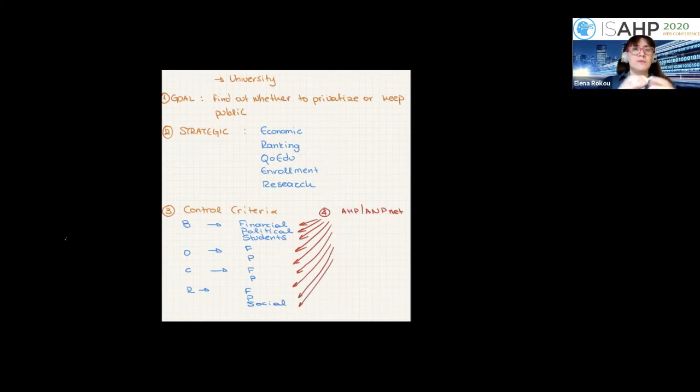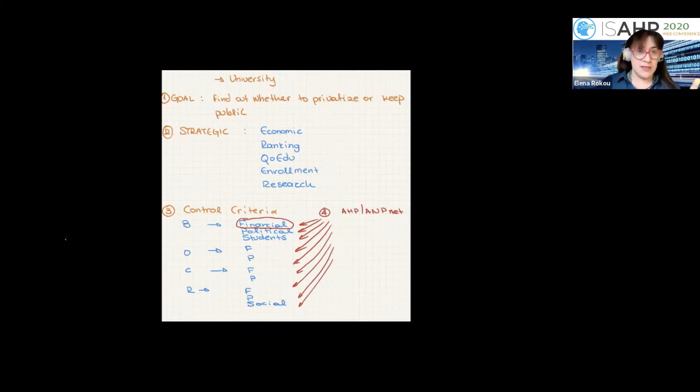First of all, when you break down a problem, the bottom level networks are very simple because you have already come down to a very specific little niche that you have to analyze. For example, when I'll go to the financial network over here, I'm really asking, what are the expected financial benefits of keeping the university public?